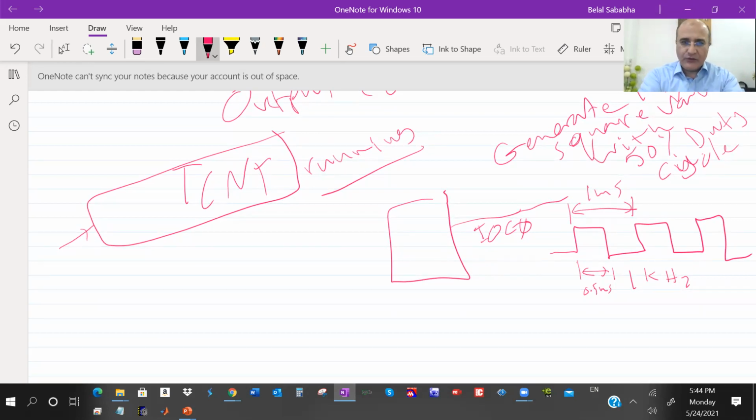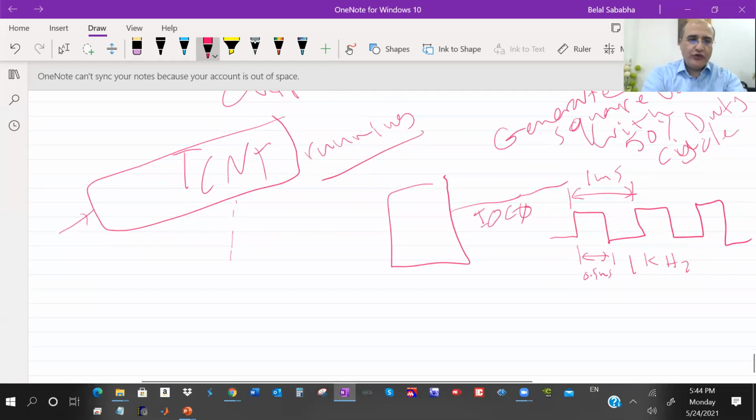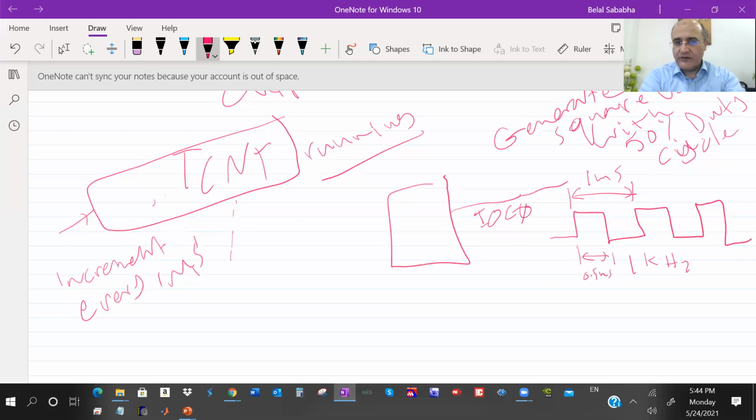Let's assume you configured this counter to increment every 1 microsecond. So you want to cause a rising edge, then count 500 microseconds, count 500 times before going down, then count another 500 times before going up.